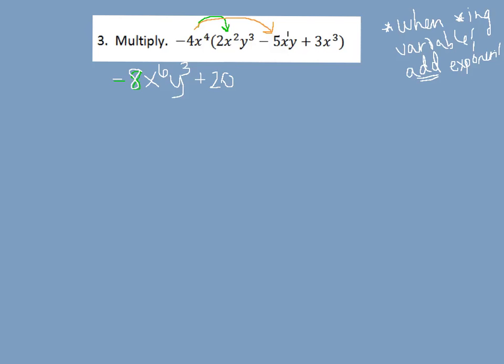So x to the 4th times x to the 1st power, I end up with x to the 5th, and again, my y just comes on down. And the last thing I'm going to do is multiply my negative 4x to the 4th times my 3rd term. I get negative 12 x to the 4 plus 3, to the 7th. So that's your answer. That's all you're doing is leaving it just like that.